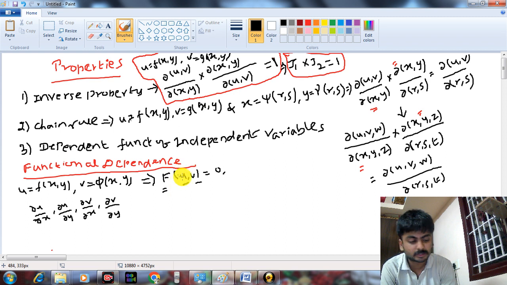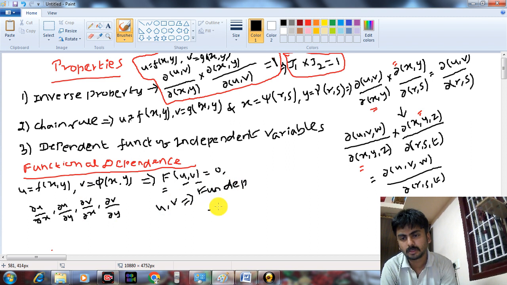Then these functions u and v are said to be functionally dependent.